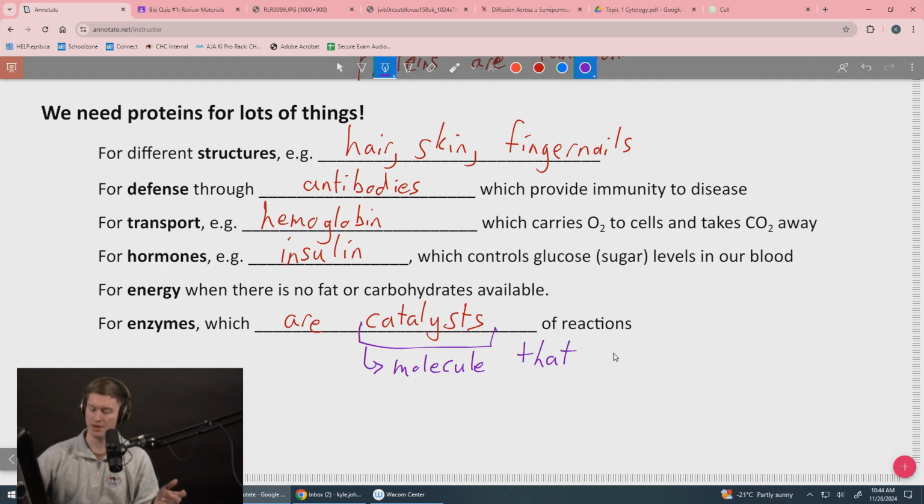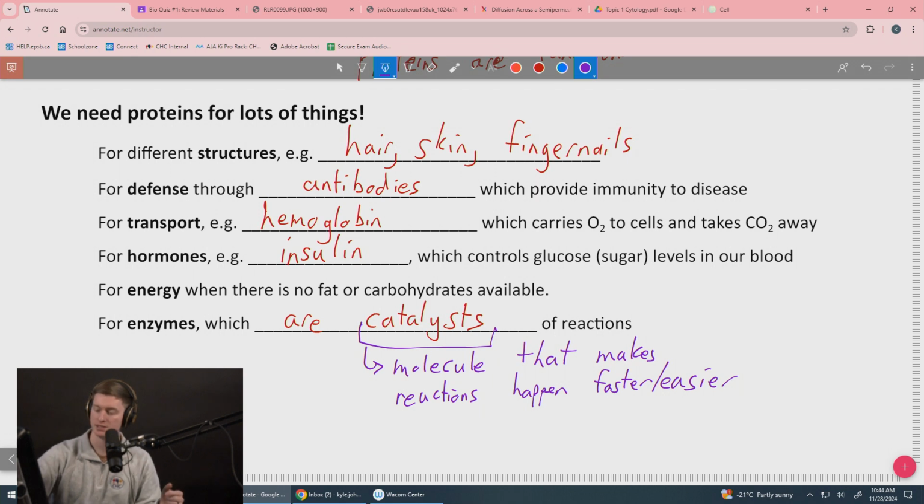A molecule that makes reactions happen faster or easier. And it doesn't get used up in the process. The enzyme can keep doing its thing. What I really want you to know for this enzyme piece is that proteins can allow chemical reactions to happen inside your body that would not happen spontaneously or on their own.